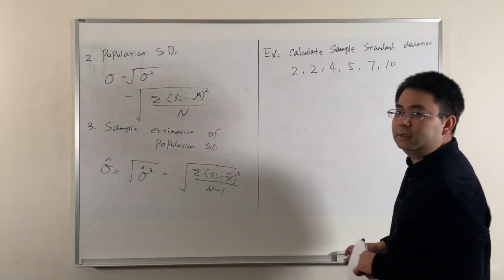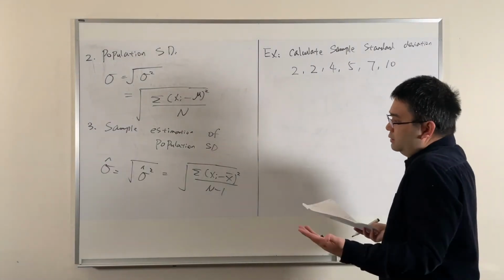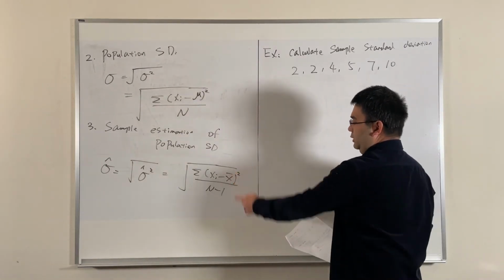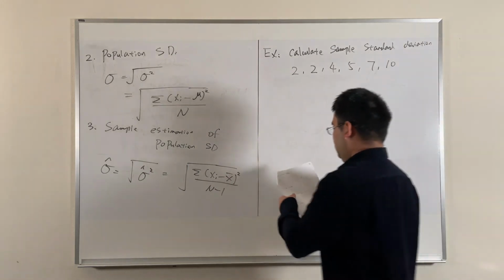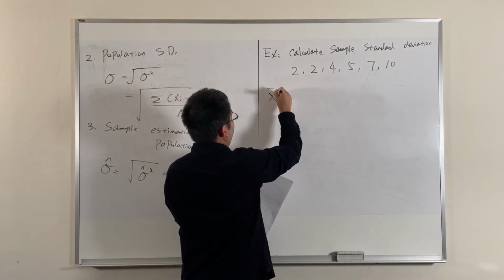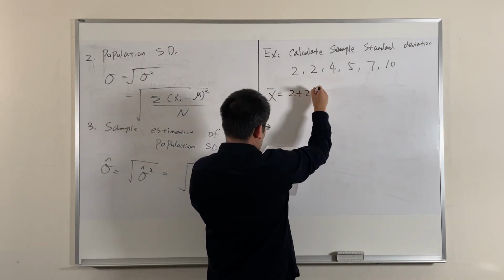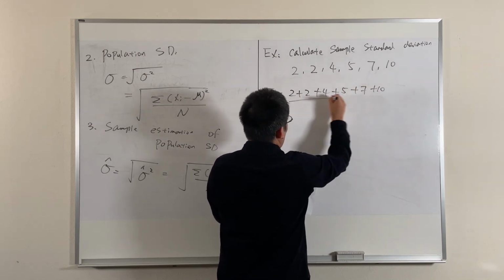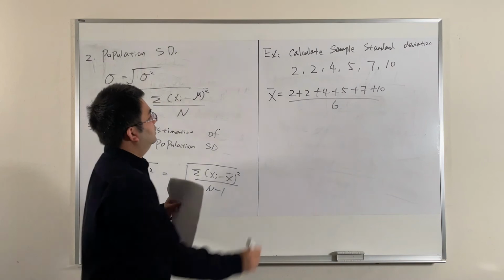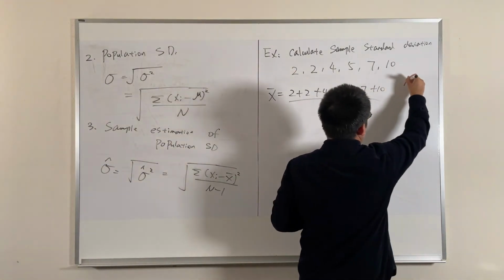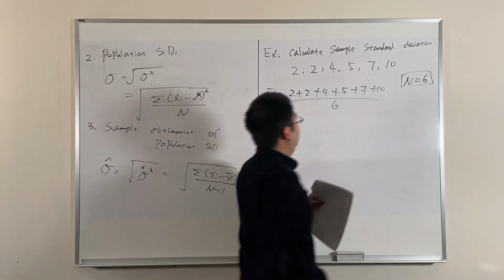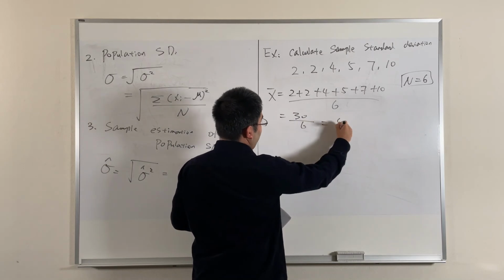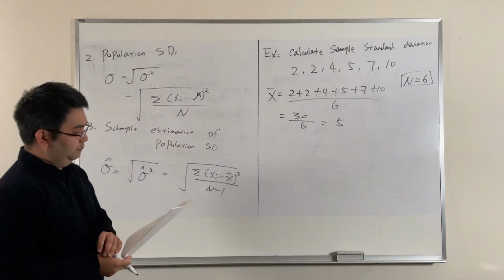We have 6 values here. The first thing we want to do is calculate the sample mean, because we're going to use it very often. So the sample mean is 2 plus 2 plus 4 plus 5 plus 7 plus 10, a total of 6 numbers, so n equals 6. This equals 30 divided by 6, which equals 5.